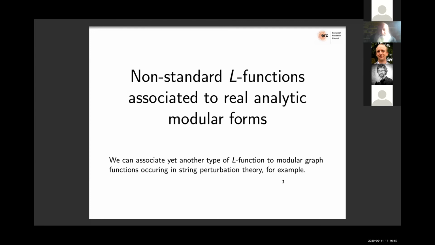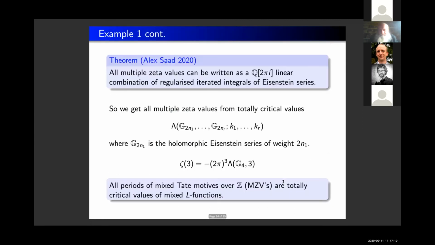Good. So now I'm going to switch topic momentarily. I discussed classical L functions and defined some multiple version of them. Now I'm going to do something different. To motivate this, let's just flick back.